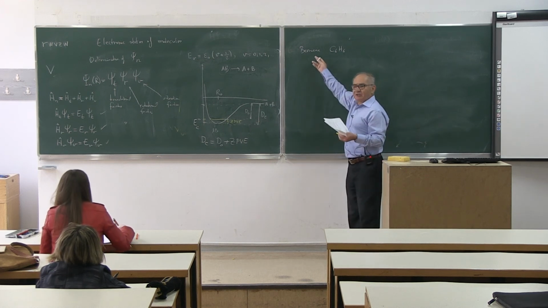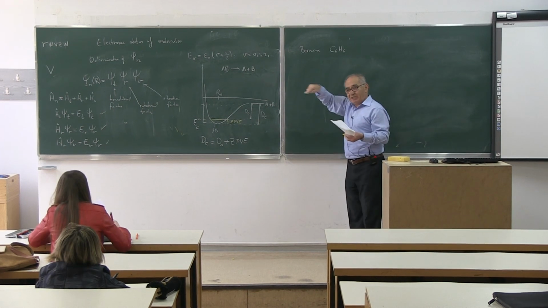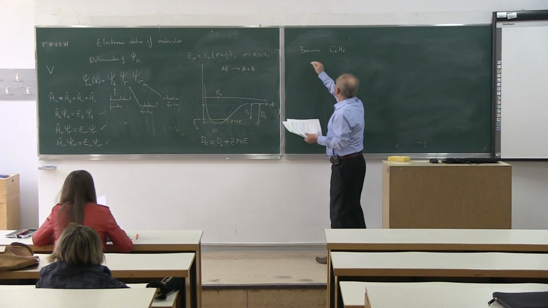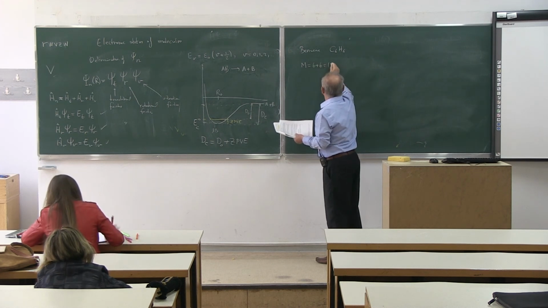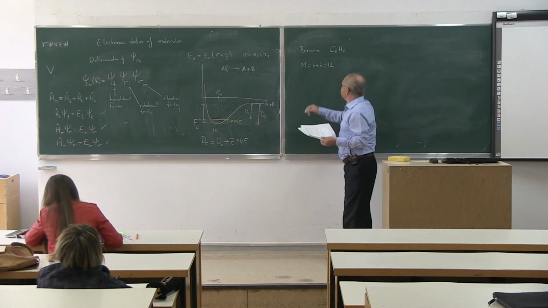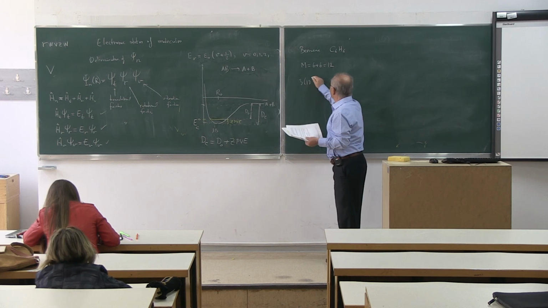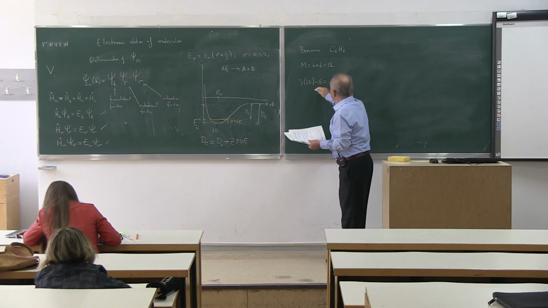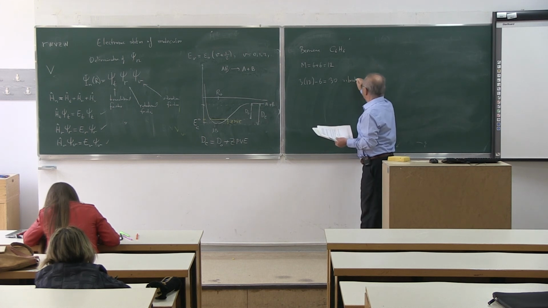So, the number of vibrations in benzene will be 3 times the number of atoms minus 6. Here M is 6 plus 6, so there are 12 atoms. The number of vibrations is 3 times 12 minus 6, or 30 vibrations.